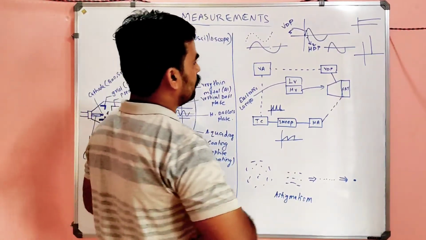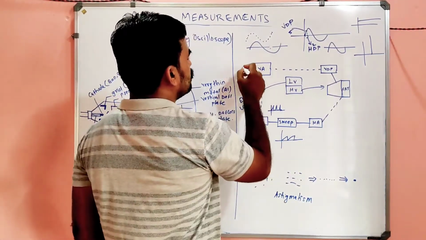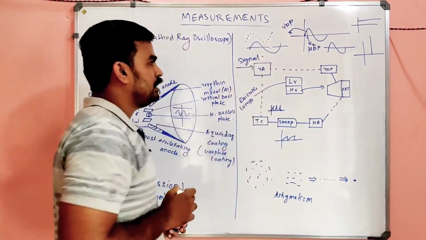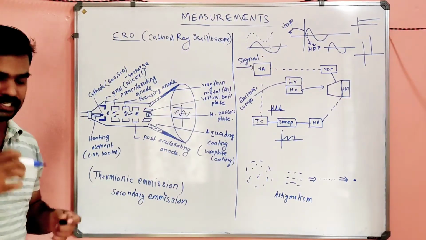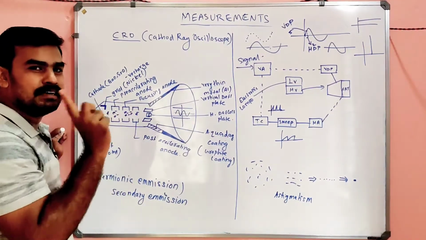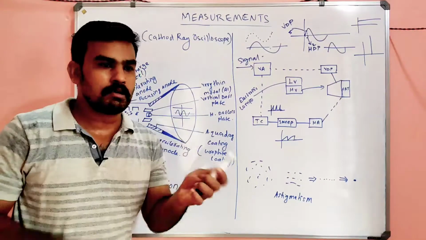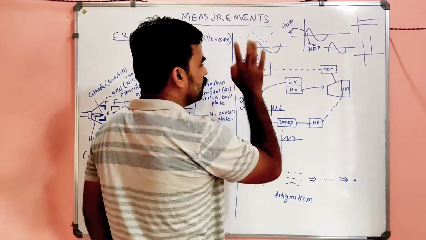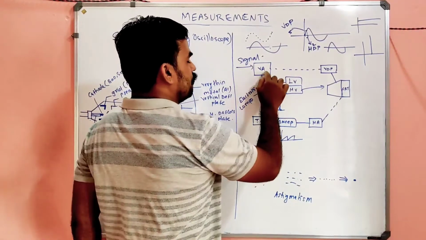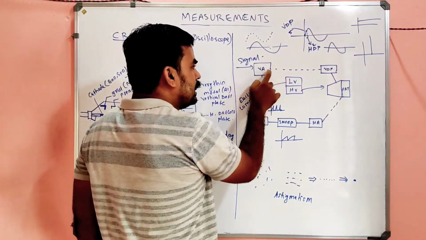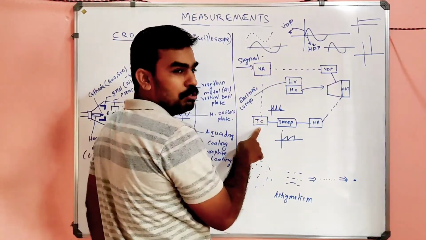Suppose this is our signal. Our signal is given to the vertical amplifier first. Inside this, there is a vertical amplifier that controls the vertical deflection plate. That signal is directly given to the vertical amplifier. When the signal is given to the vertical amplifier, it also gives a signal to the trigger circuit.